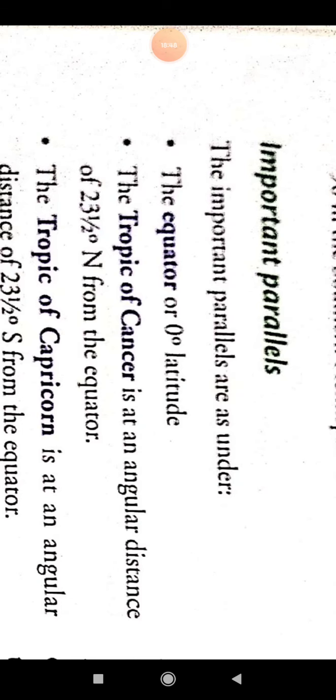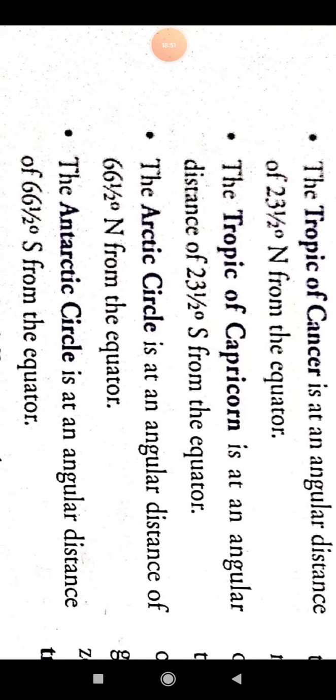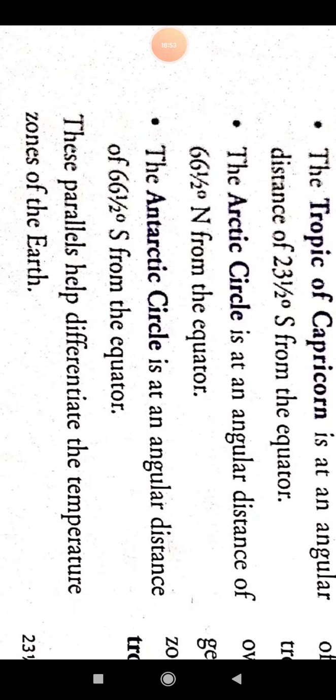Then the Arctic Circle is at 66.5 degrees north, in the northern hemisphere. And the Antarctic Circle is in the southern hemisphere at 66.5 degrees south.